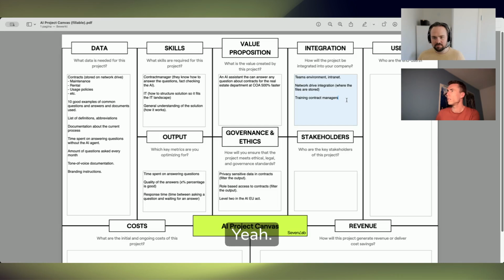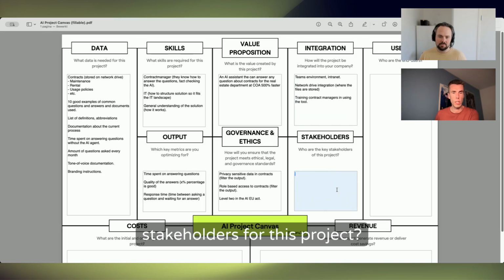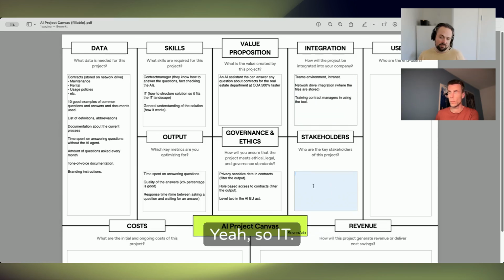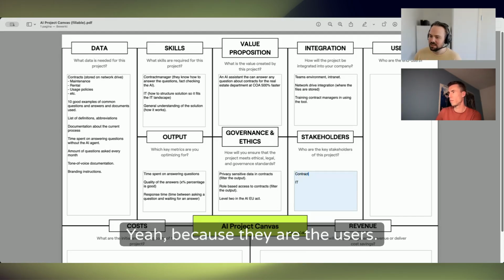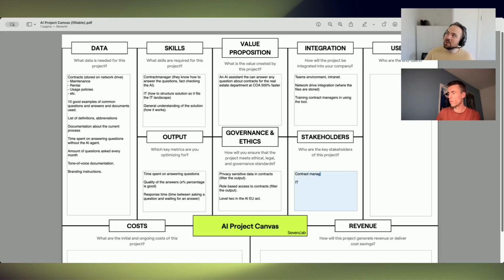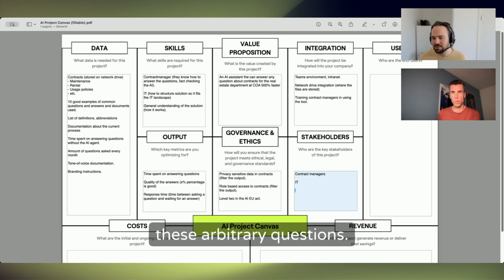Okay. And when we talk about the stakeholders, what are the key stakeholders for this project? So IT, but that's not the most important one. It's mostly the contract managers themselves. Because they are the users. No, they're not the users, but they save a lot of time answering all these arbitrary questions. But they are the users then, right?